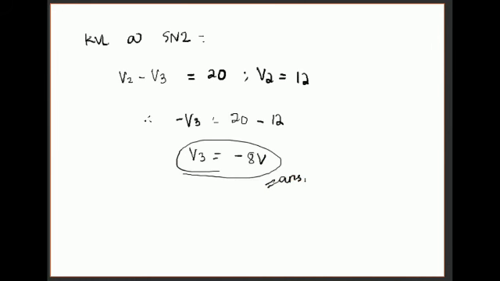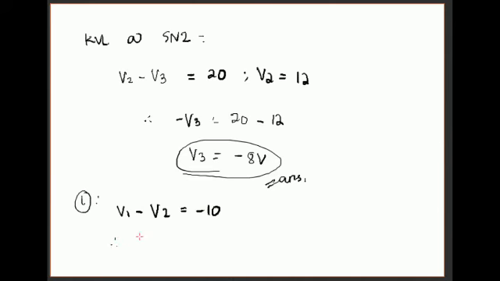And also from equation 1, we have V1 minus V2 equals negative 10.